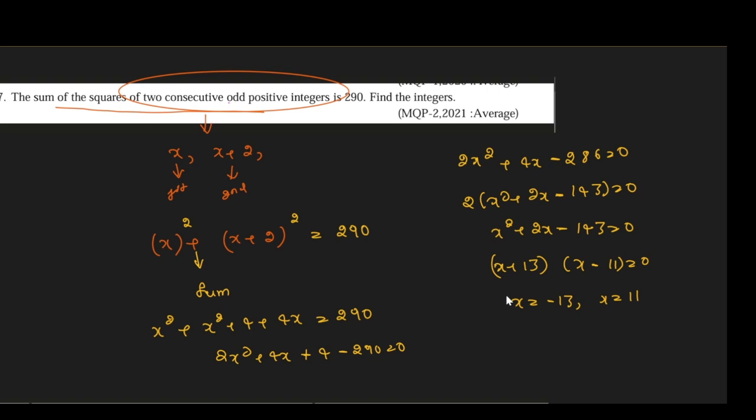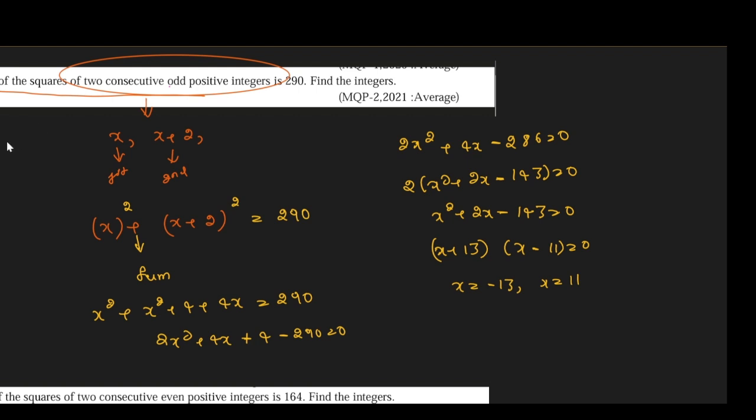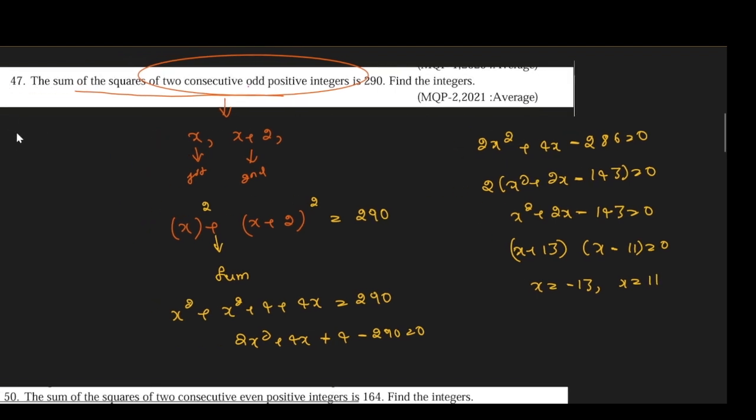So x is equal to minus 13. So find the integers. Don't conclude the problem just by finding the value of x. Find the integers. So what are our integers? In the beginning of the problem, we have to assume let the integers be x comma x plus 2.